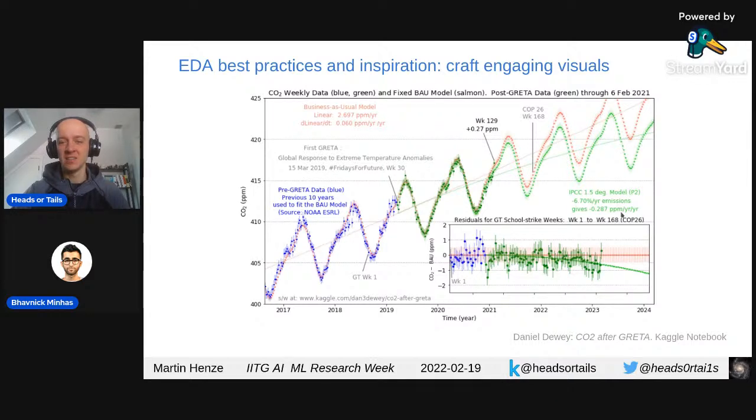So here the author puts extraordinary effort and thought into their visuals to communicate what's going on. This is about the CO2 increasing over time, and it's related to climate change.